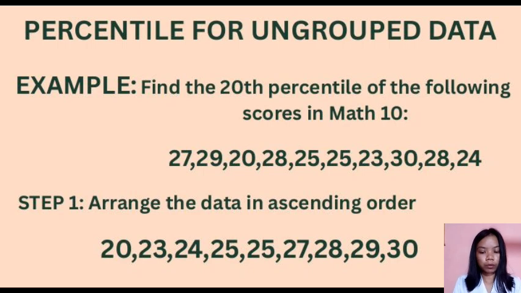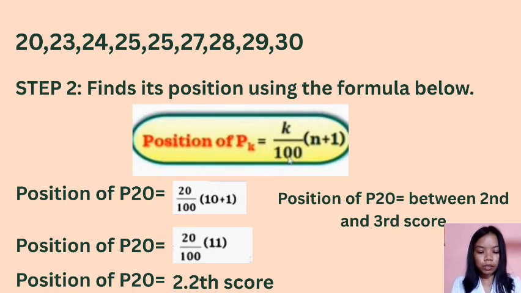Then step 2, find its position using the formula below. The formula is position of P sub k equals k, the percentile that we are looking for, over 100, times open parenthesis, the total number of data plus 1, close parenthesis. So the position of P20 is equal to 20, the percentile that we are looking for, over 100, times open parenthesis 10, the total number of data, plus 1, close parenthesis.